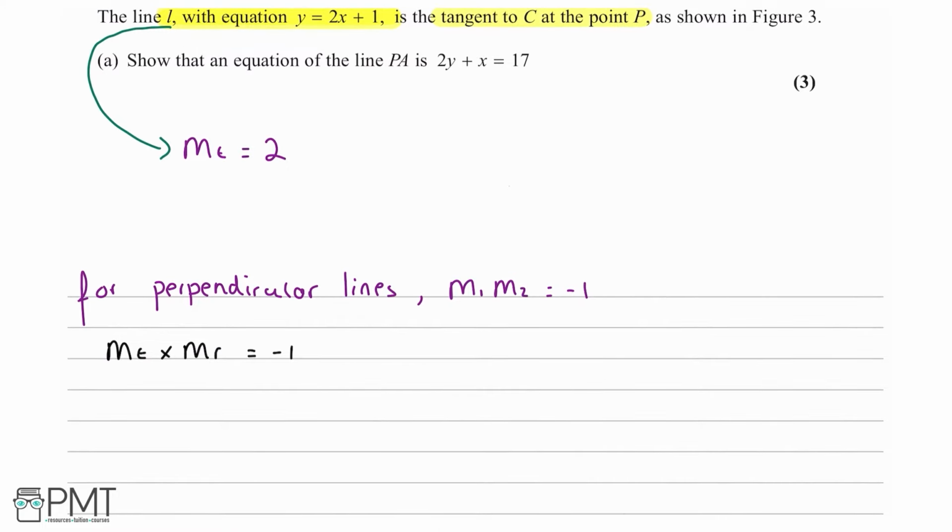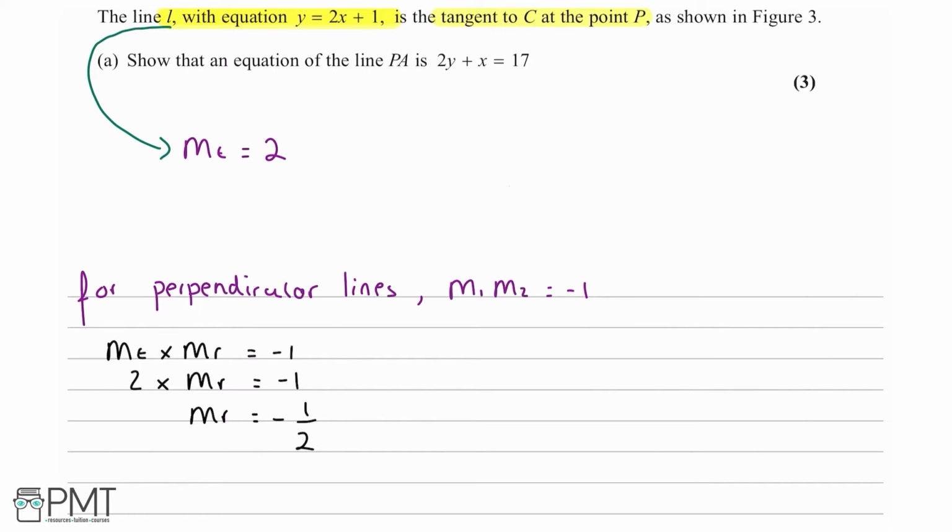So what we can do is we can say 2 times the gradient of our radius equals -1, and therefore the gradient of our radius is -1 over 2. Now remember we need to find an equation for the line.